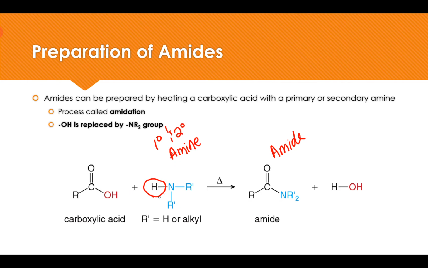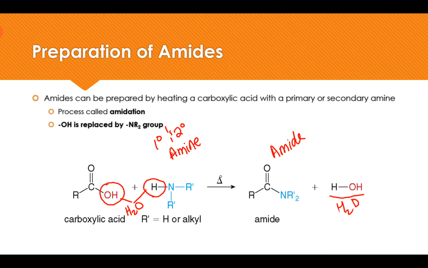We cannot do this reaction with a tertiary amine because it lacks a hydrogen. That H is going to combine with the OH to form water, which you can see over here. And then we merge the other two parts of the molecule, so that NR gets stuck right onto the carbonyl functional group.